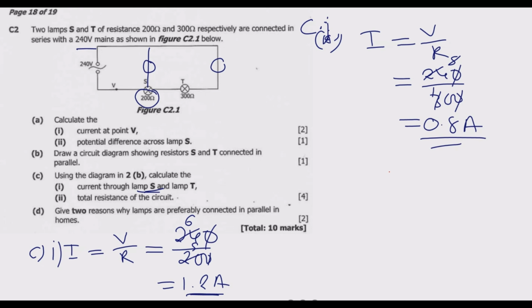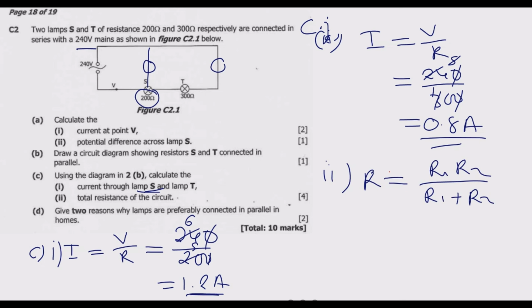So now we move to C2. C2 is asking us to find the total resistor of the circuit. So total resistor of the circuit is R1 multiplied by R2 over R1 plus R2.